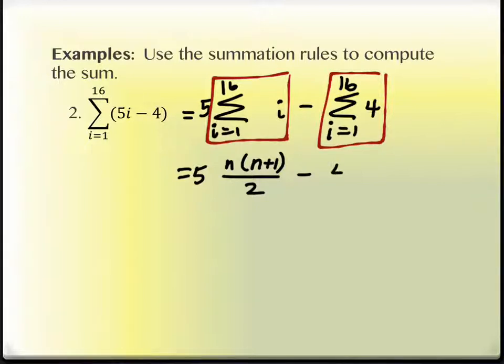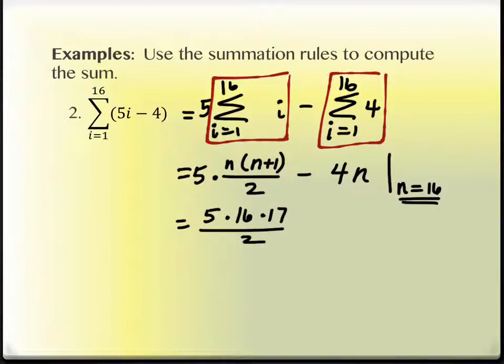So it should be 4 times n. But all of this is happening at n equal to what? 16. This is being evaluated at n equal to 16. So I can plug in the number 16 in each of those spots now. So I have 5 times 16 times 17 over 2 minus 4 times 16.